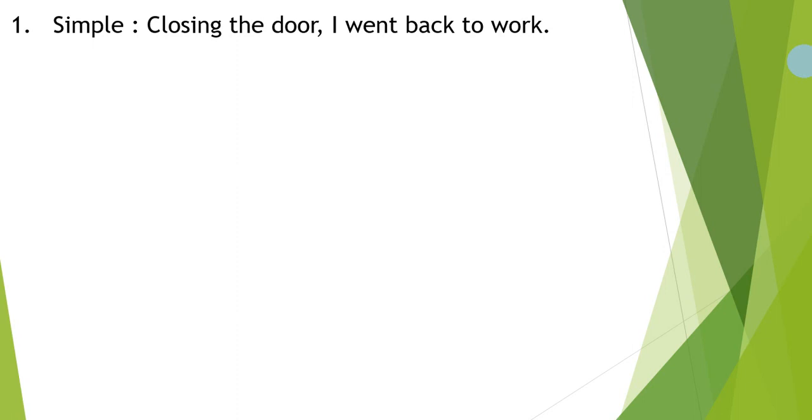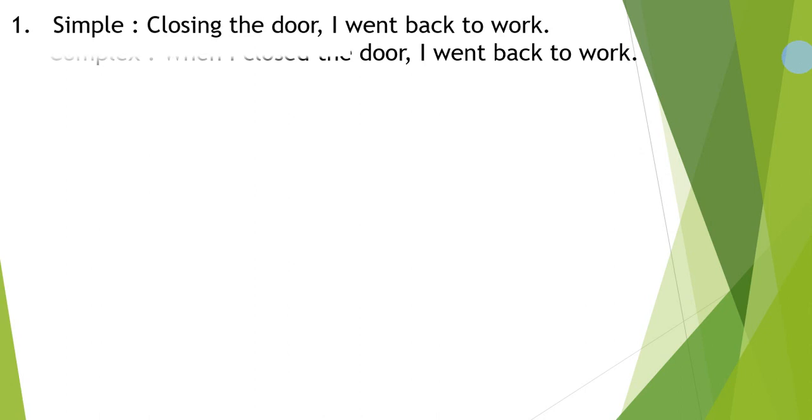At first we will use subordinating conjunction when, because the clause refers to time. Then the expanded clause will be used. Here we will use subject I plus past form of verb closed plus object plus comma. After that, the other part of the sentence will be used. Now the complex sentence will be, when I closed the door, I went back to work.